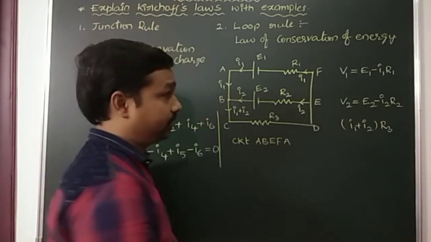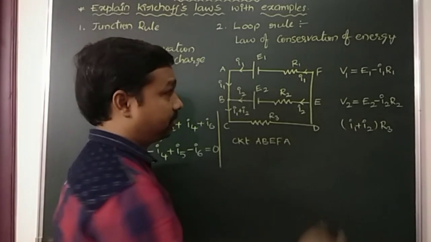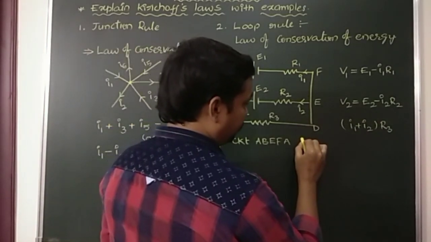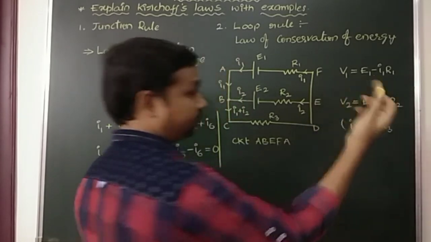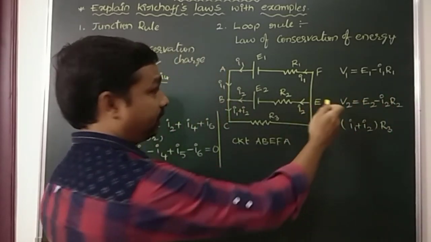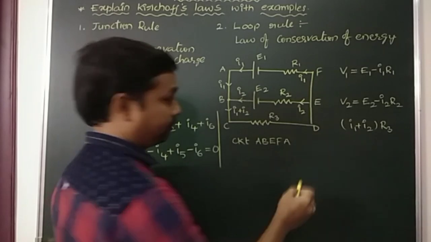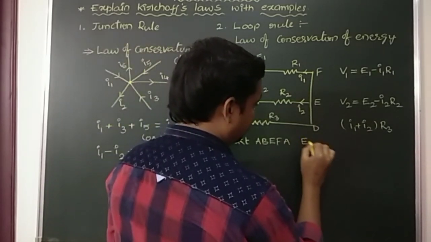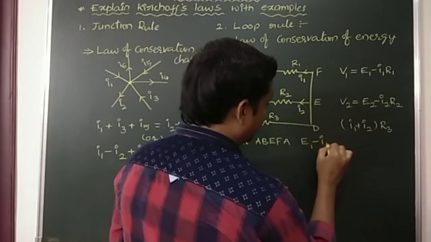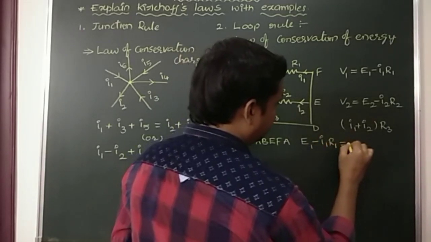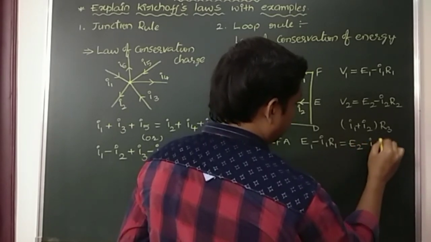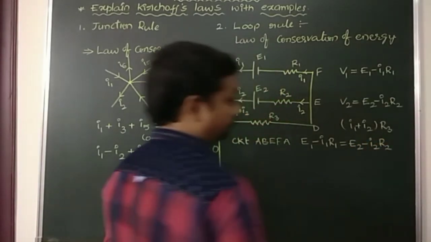The potential difference in a closed loop must be equal to 0. So we can take V1 equals V2, or else V1 minus V2 equals 0. Why are we taking the minus? Because they are opposite in direction. So directly I am writing E1 minus I1 R1 equals E2 minus I2 R2.